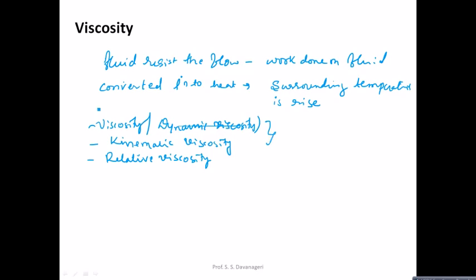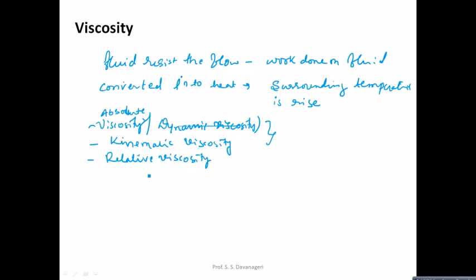So especially in the design of the journal bearing, these are the main properties: absolute viscosity, dynamic viscosity and kinematic viscosity.